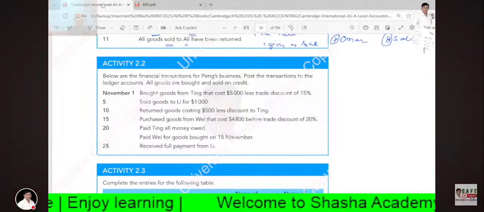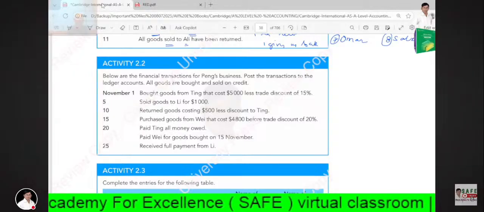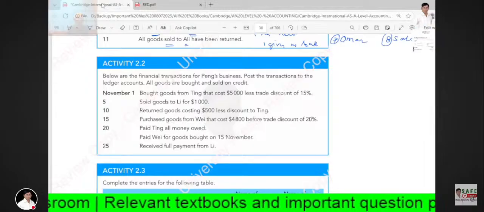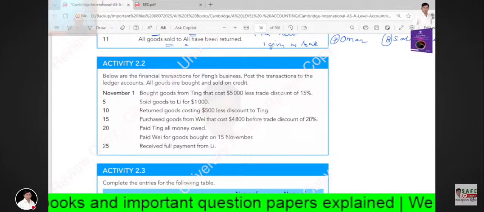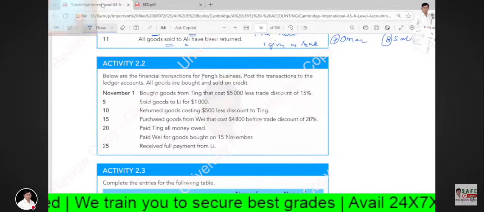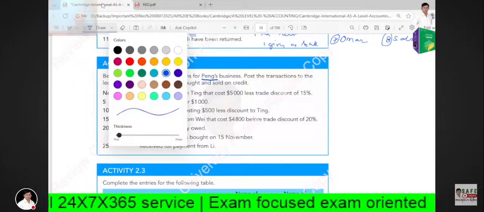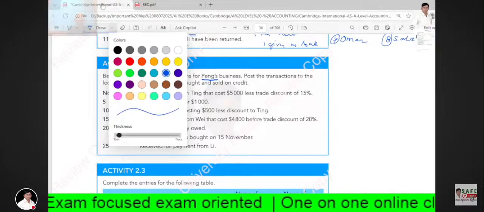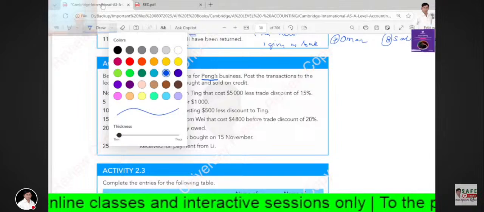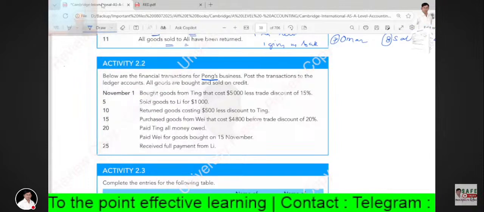So this is activity 2.2, credit transactions, from David Hopkins' latest book. Below are the financial transactions for Penn's business. These are the books of Penn's business.